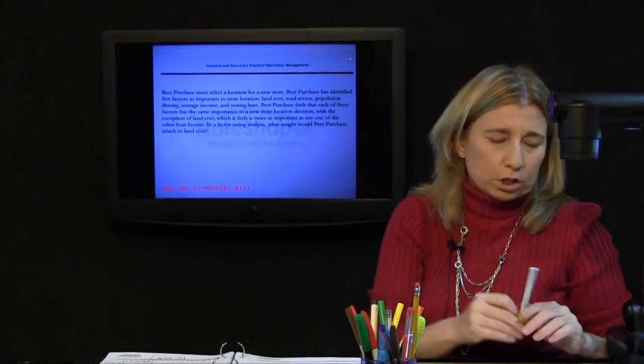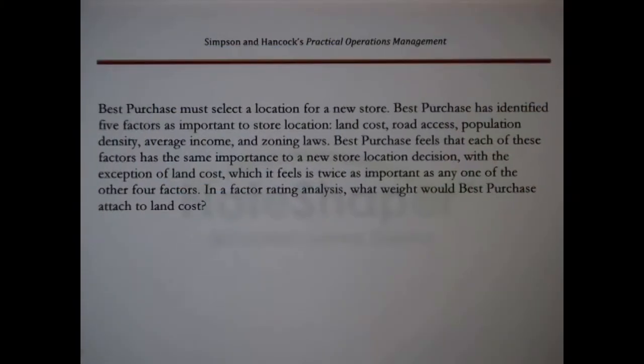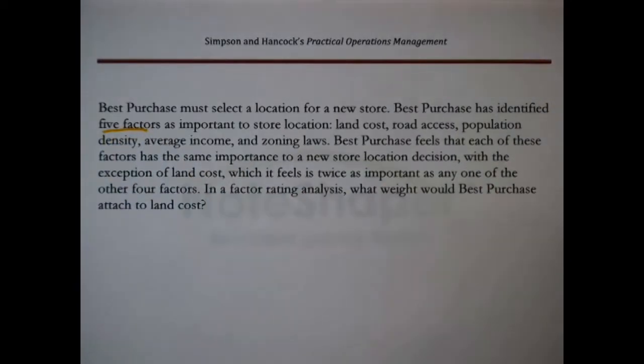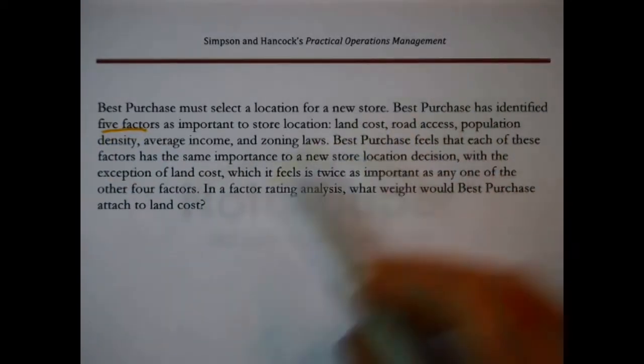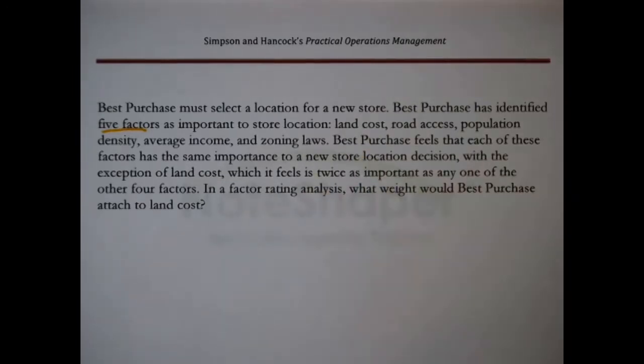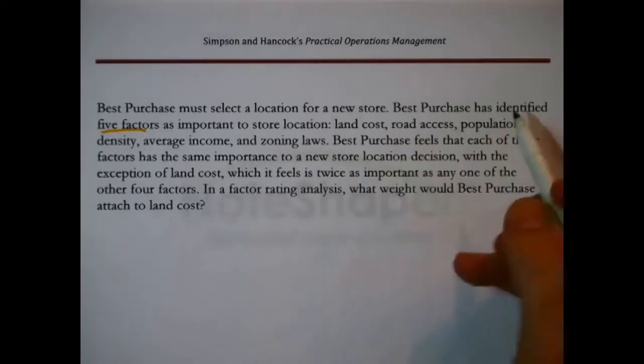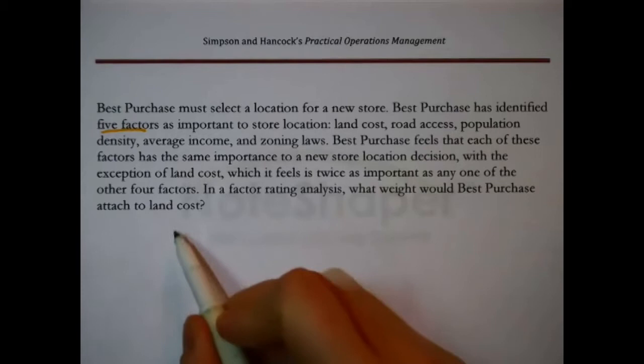Let's take a look. Best Purchase must select a location for a new store. Best Purchase has identified 5 factors as important to the store's location. Now with this problem, it lists these. I recommend copying this again as a vertical list.